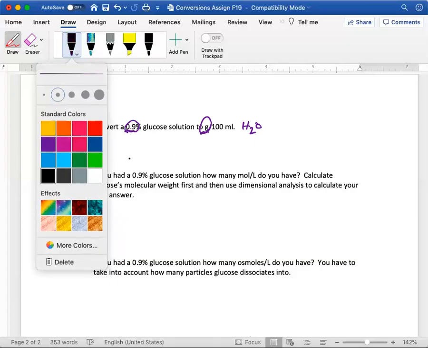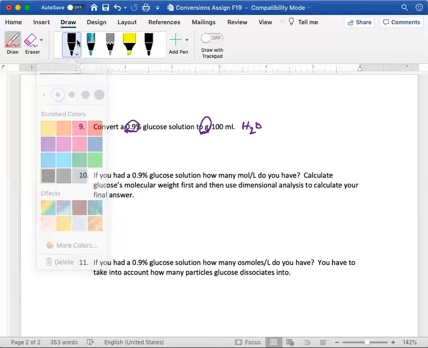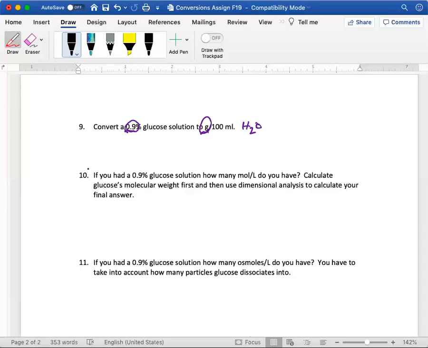So, how do we convert a 0.9% glucose solution to grams per 100 mils? It's going to be 0.9 grams of glucose over 100 mils of water.